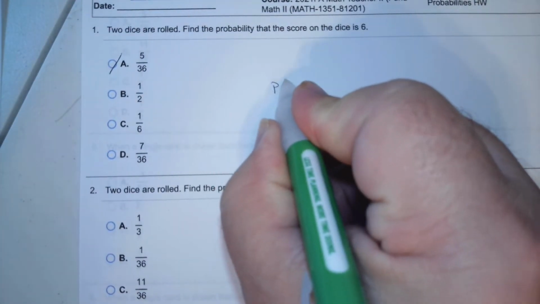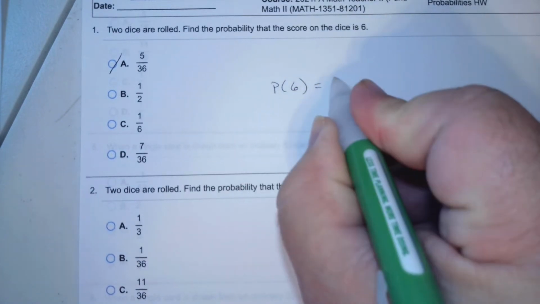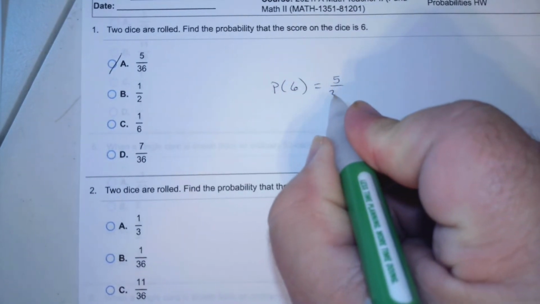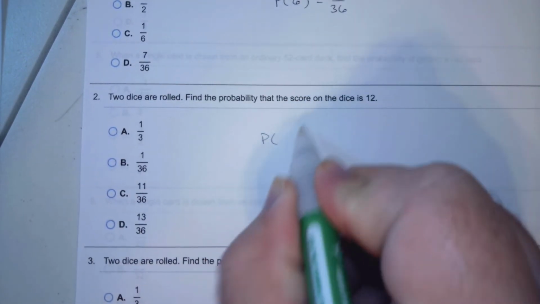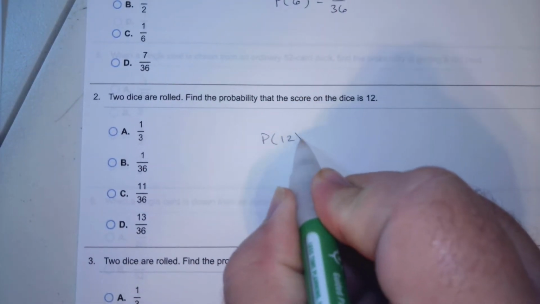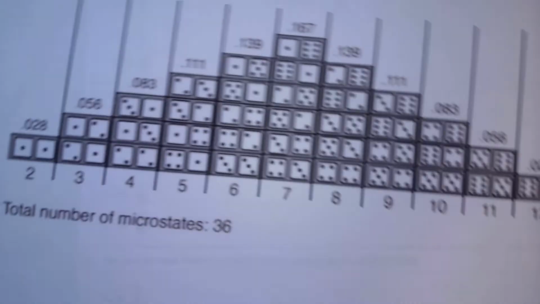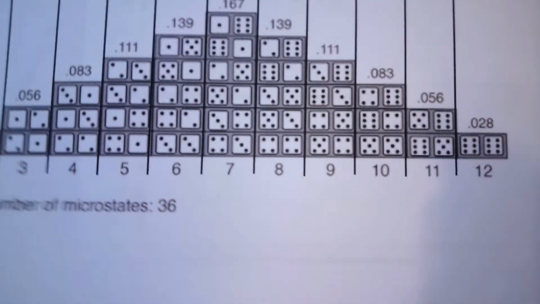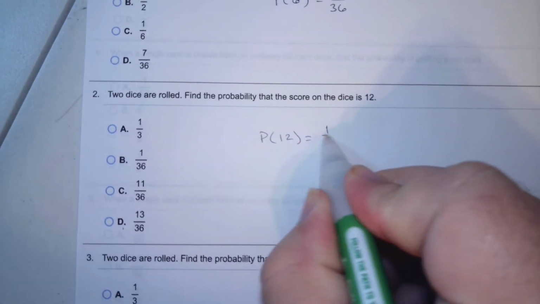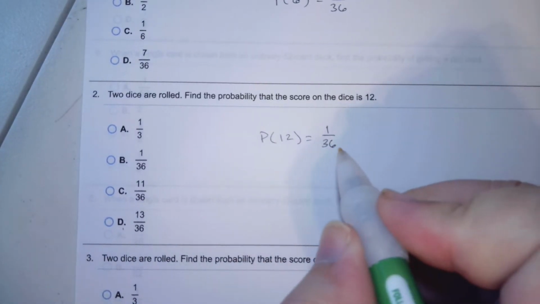The probability of getting a 12, looking at our chart, only happens one time out of 36. So it's 1 out of 36. So it's B.